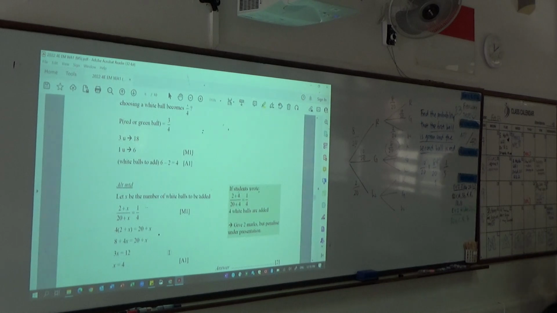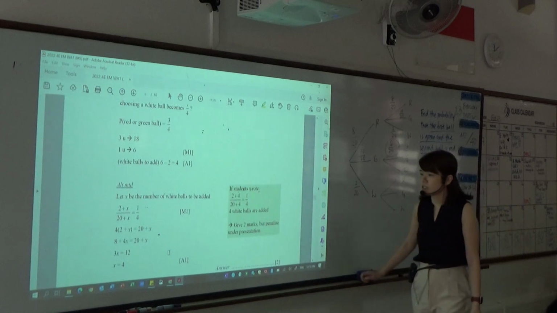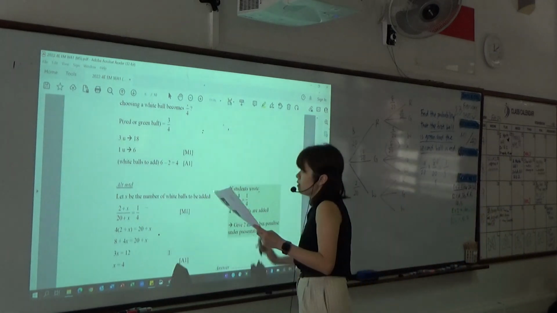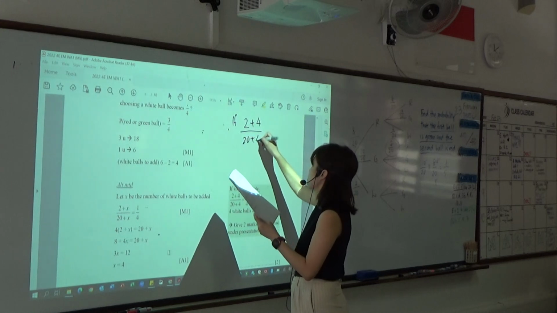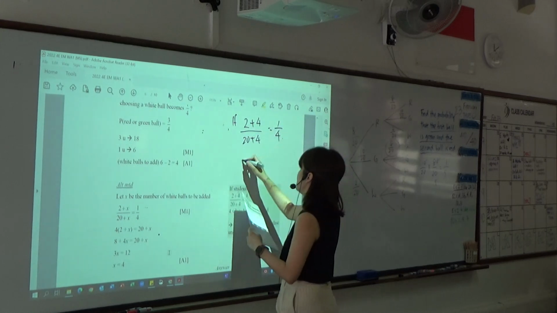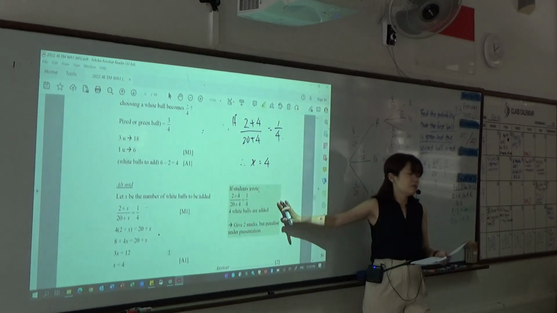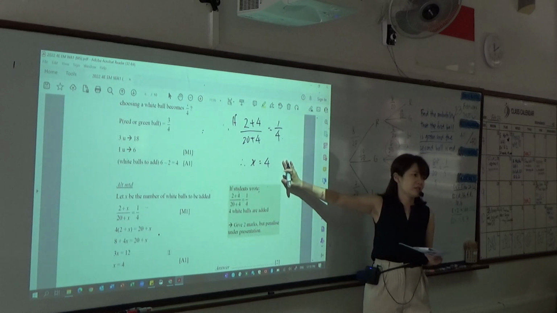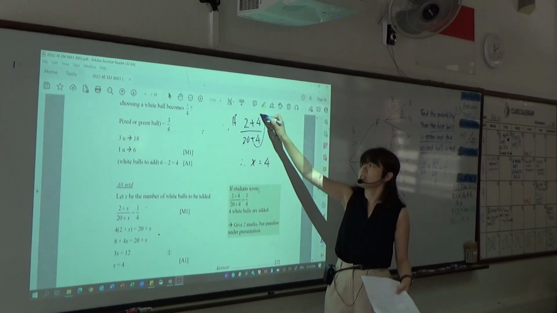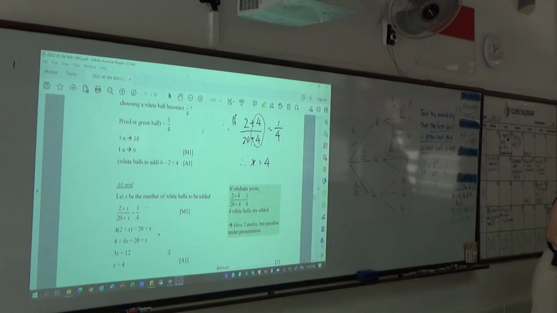Some of you solved it by telling me that (2 + 4)/(20 + 4) is going to give me 1/4, therefore x is 4. This one I did give you 2 marks, but this is a very poor presentation, because you're just basically doing trial and error to tell me that the answer is going to be 4.